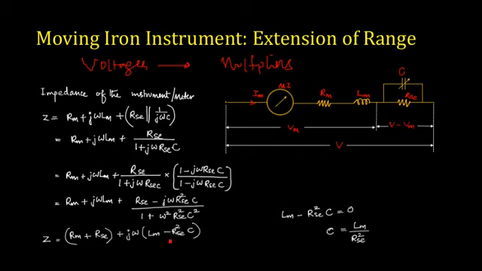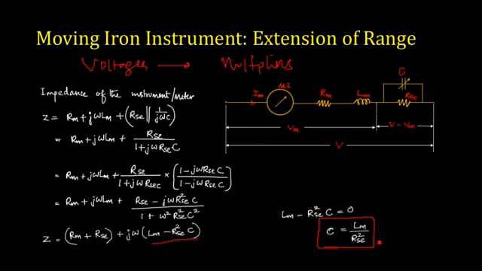So once you arrive at this equation, what you can say is that if you are trying to make this impedance independent of frequency, your Lm minus Rc squared C should be equal to 0. If you are making this complex part 0, your meter will be independent of frequency, or Lm minus Rc squared into C equal to 0, or you can get C is equal to Lm by Rc squared.